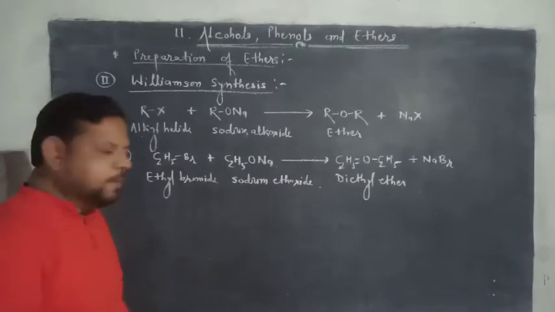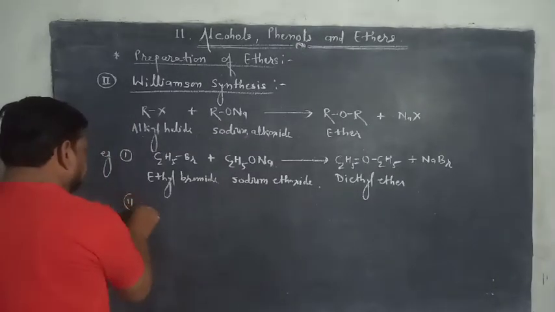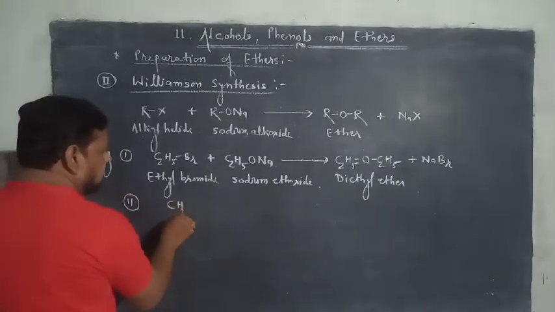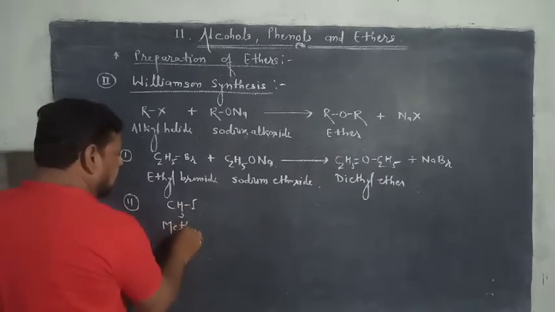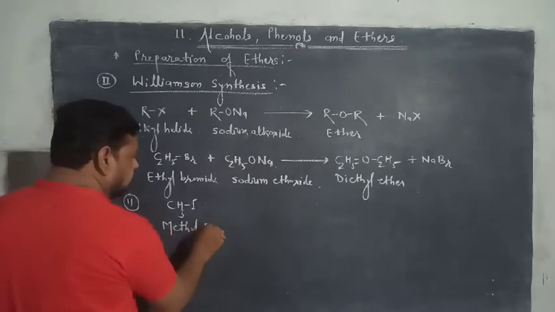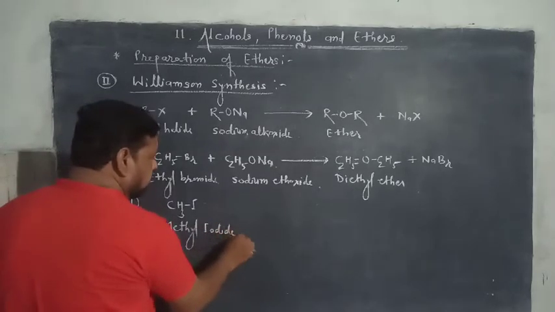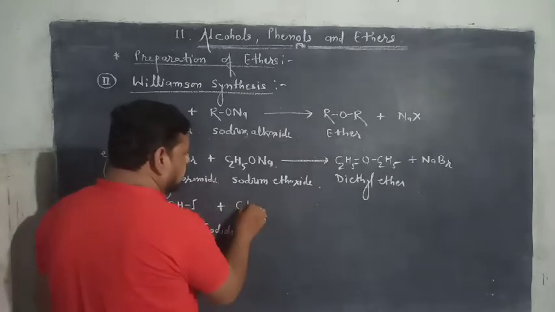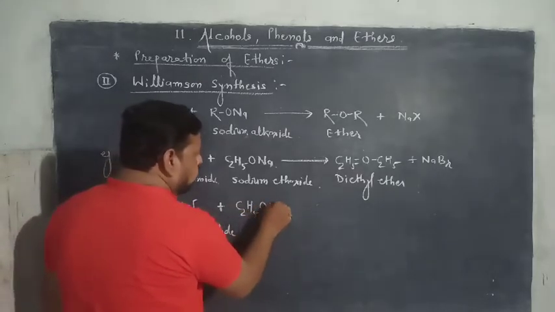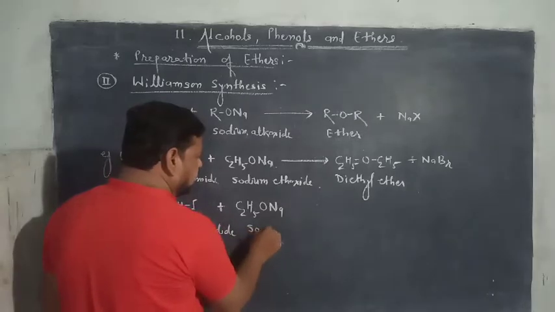Then next example, CH3I, that is methyl iodide, is treated with sodium ethoxide.